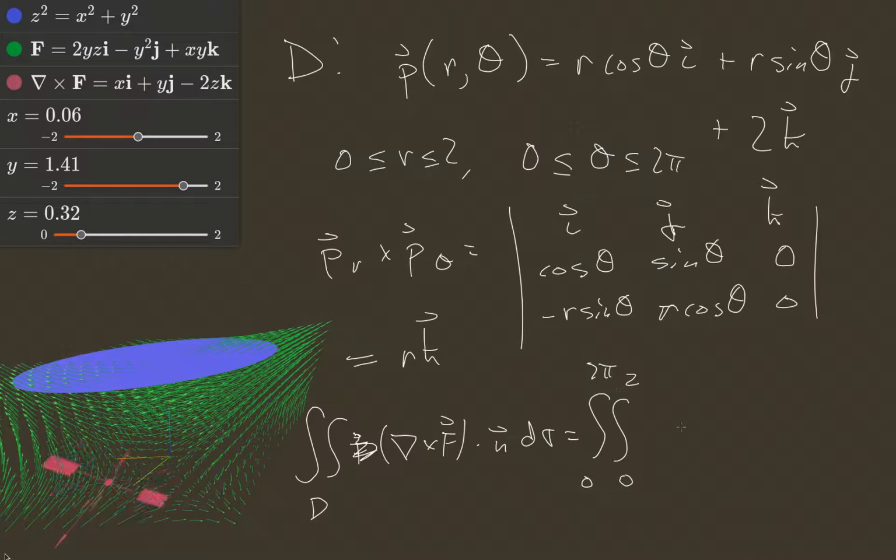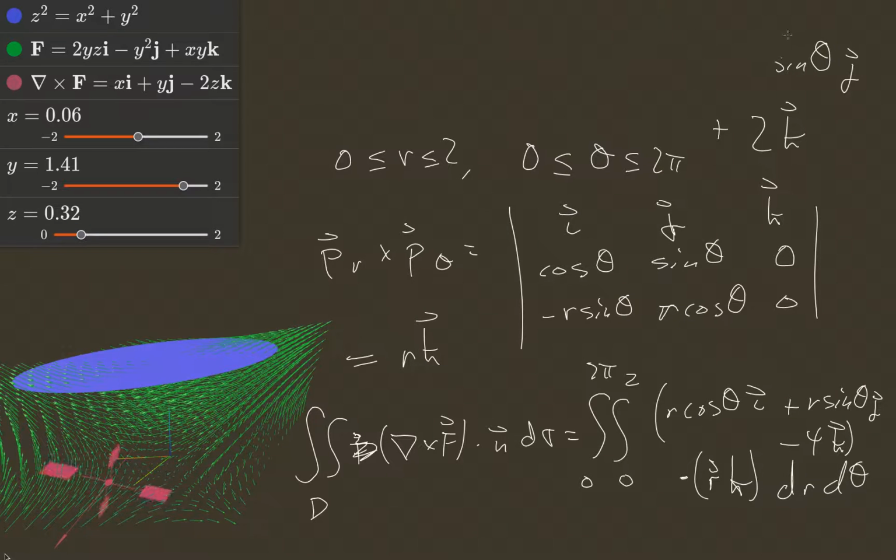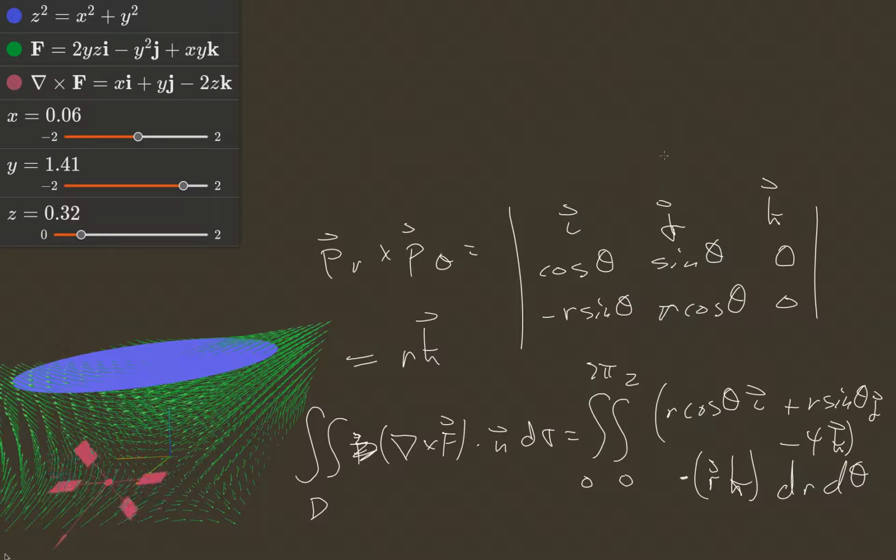We still have the curl of f being r cos theta i plus r sine theta j, and now minus 4k. But then we dot that with r k, which is the cross product here, dr d theta. So our integral is even easier this time around.